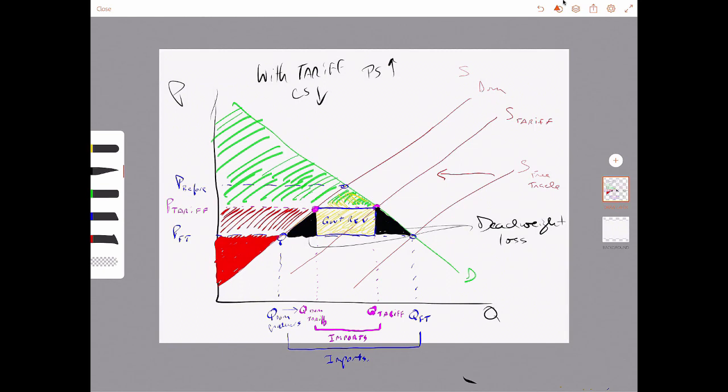Producer surplus goes up, and government revenue goes up, but those two things don't increase enough to offset the loss of consumer surplus because there is a deadweight loss. And that deadweight loss causes there to be less total surplus than if we were to just let the free trade take place on its own.